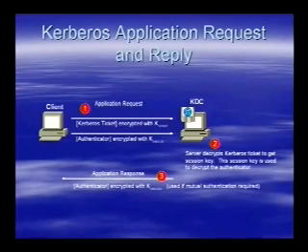And now you're trying to authenticate the application. So the client then sends an application request, which is the Kerberos ticket encrypted with the server key. And it also sends an authenticator, which is sort of a token, encrypted with the session key. The server decrypts the Kerberos ticket to get the session key, which is then used to decrypt the authenticator.